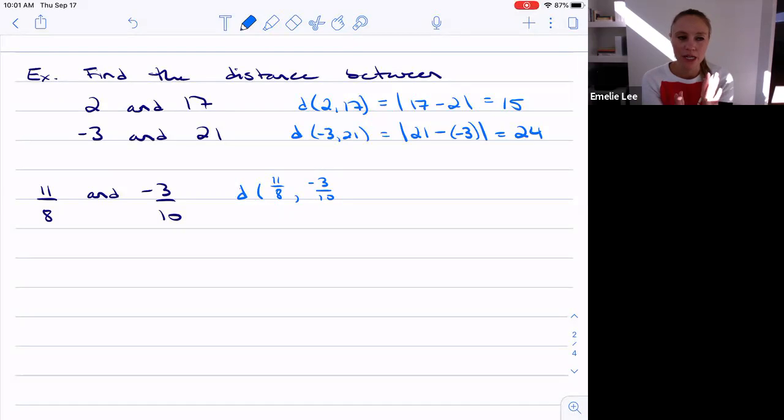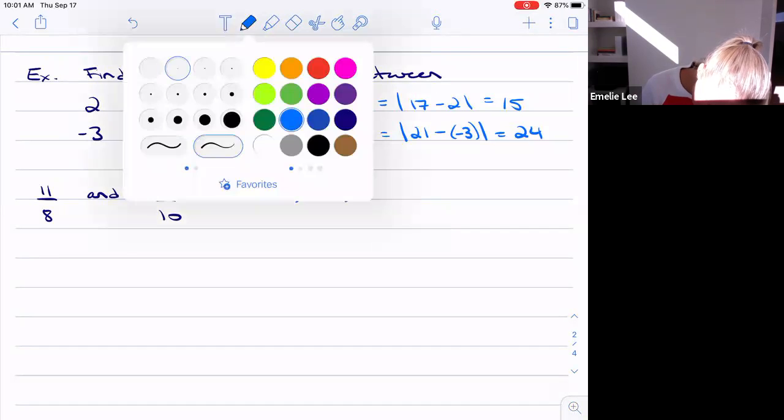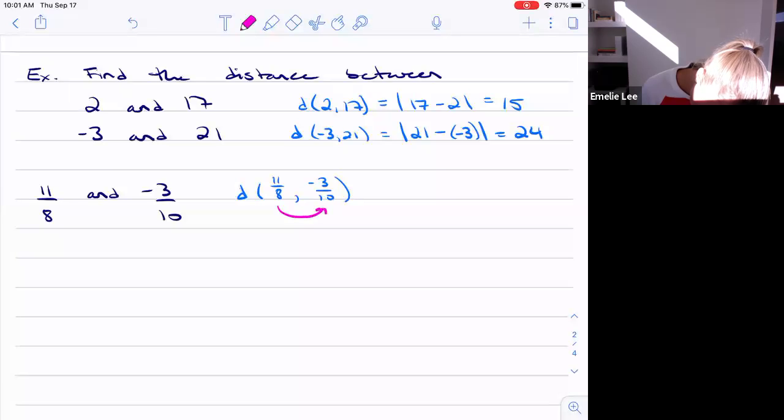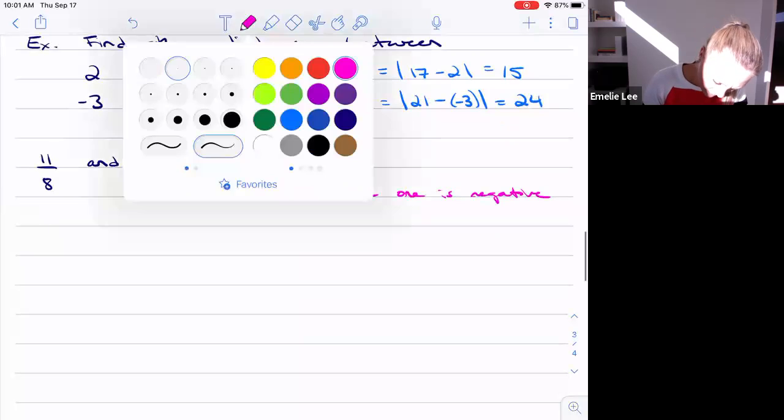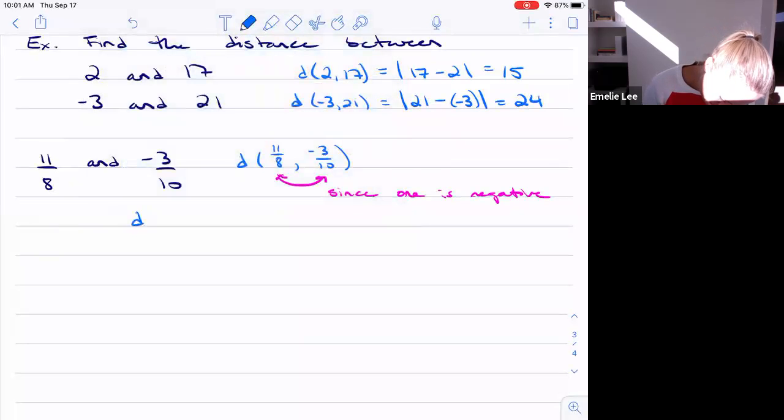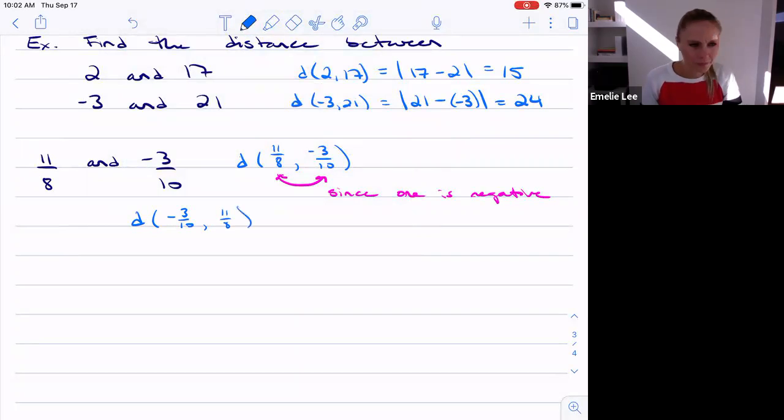It actually doesn't matter, but I'm going to switcheroo these. Since one is negative, what we're doing is finding the distance between -3 over 10 to 11 over 8.